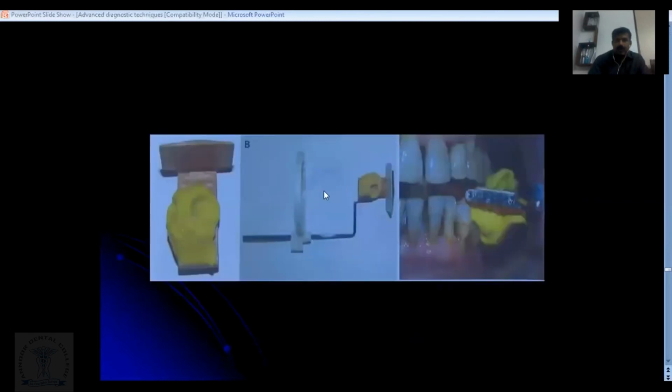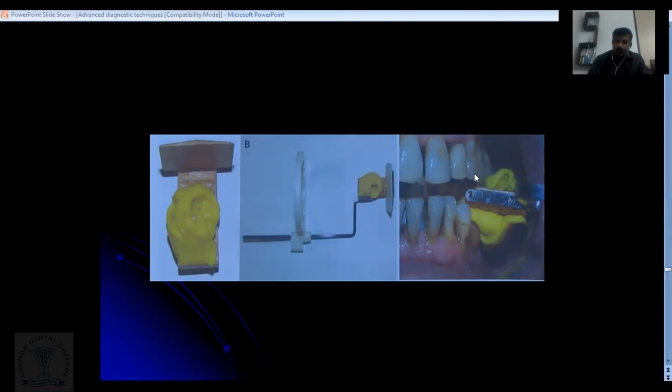Now this is where, especially in studies, what you do is, in areas where there's a paralleling technique, this is a film holder, and in this area you place a silicone impression material. You ask the patient to bite.